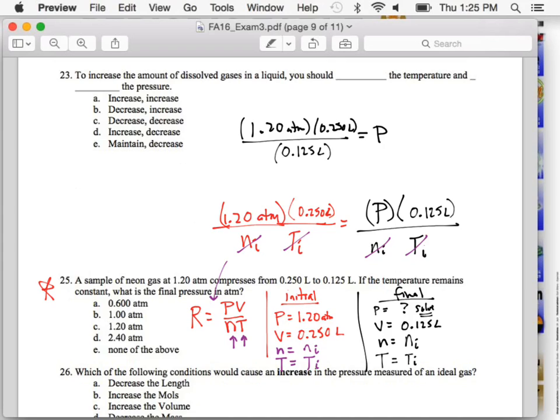The units of liters cancel out. Ooh, they canceled. Is that a good thing? If I run the calculation, what unit would I be left with? ATM. What's the unit for pressure? ATM. So there it is. Now I can just punch it into the calculator and I can get my answer. And the answer becomes 2.4.